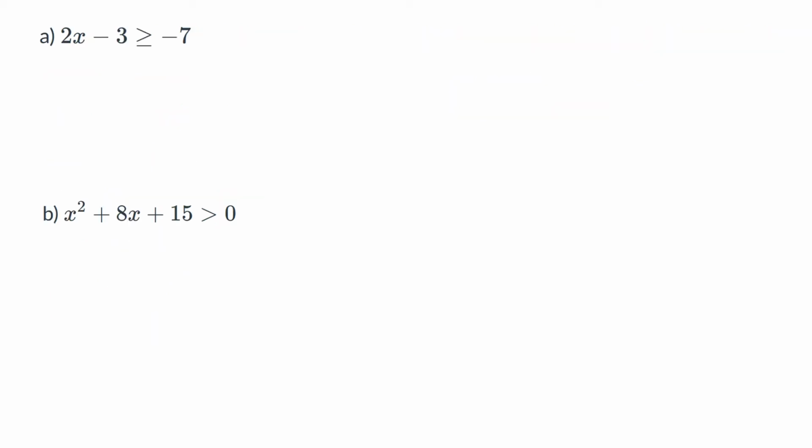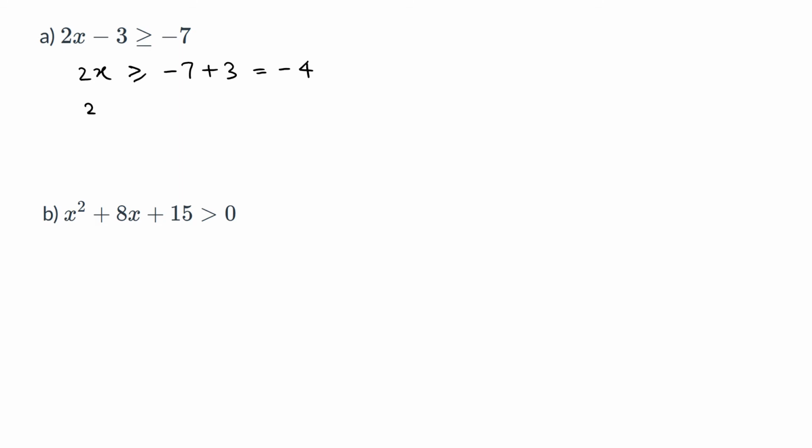As the first problem, we have 2x minus 3 greater than or equal to -7. What we try to do in a problem like that is isolate the x term. So that means we're going to add 3 to both sides. So we have 2x. Once you add 3, the -3 gets cancelled. You have -7 plus 3, which is -4.